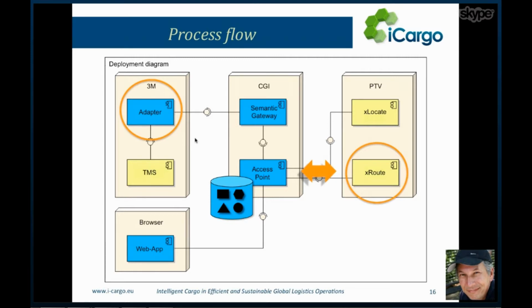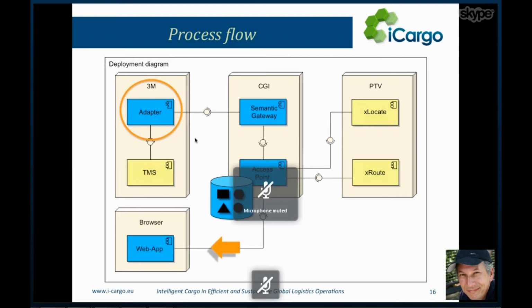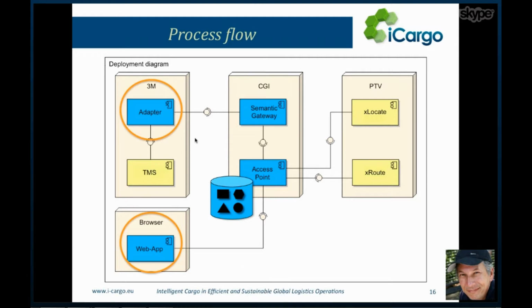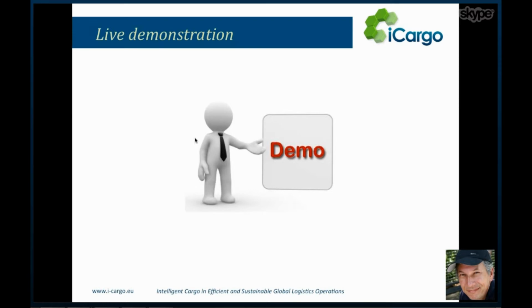Finally, the information per shipment, per logistic unit, including the emission values, is sent to a web app, or, as we did later, uploaded to Google Drive. And I will demonstrate that here.